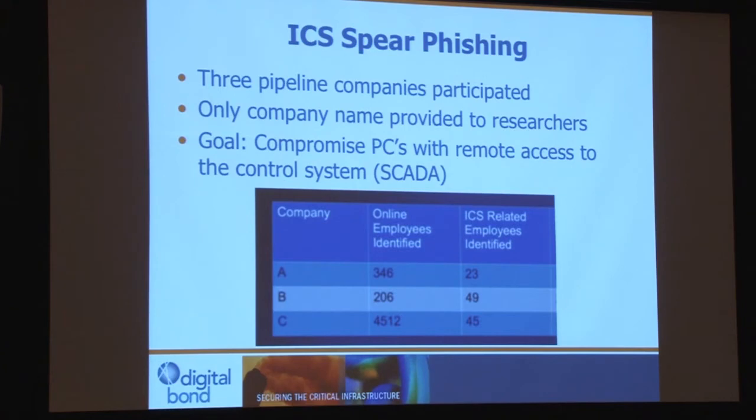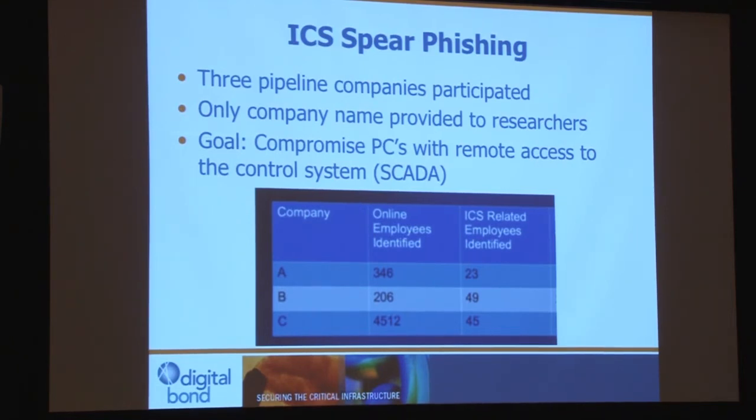At S4 2013, and you can watch this whole presentation on the Vimeo channel, we actually challenged someone to prove this. So the company Critical Intelligence partnered with a company called PhishMe, and we set them up with 3 of our pipeline customers. So 3 people that actually run SCADA pipelines.